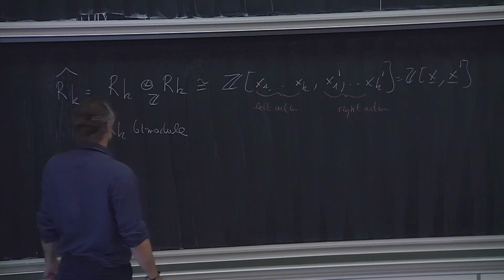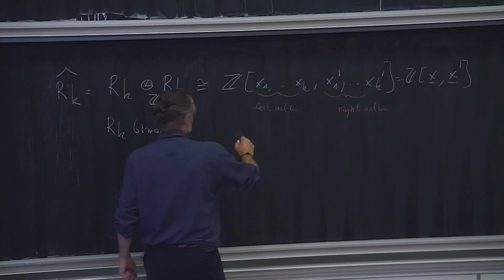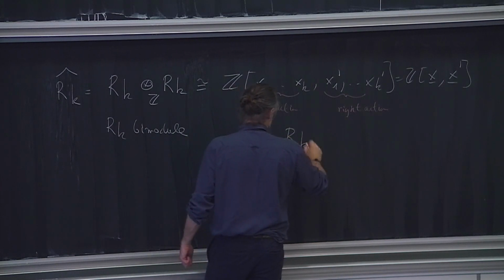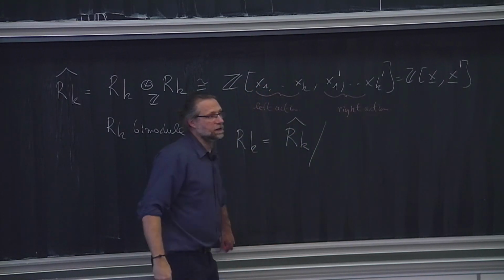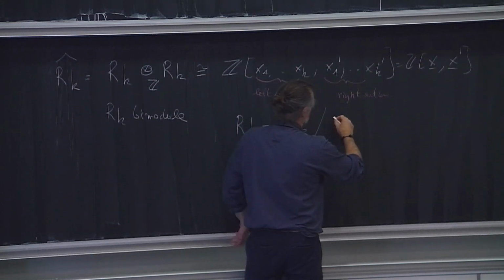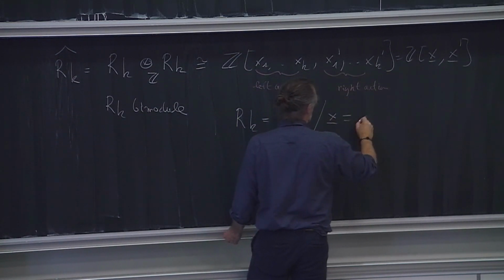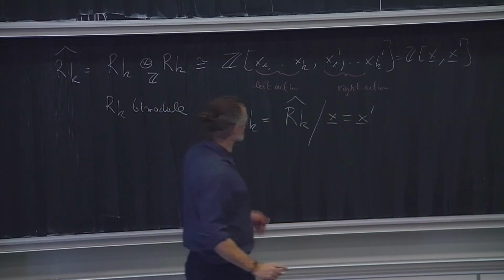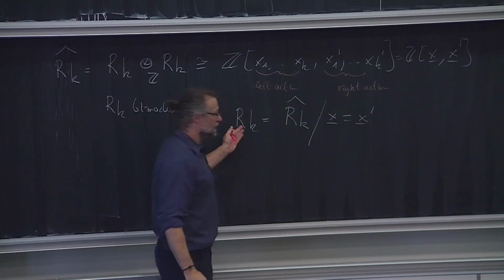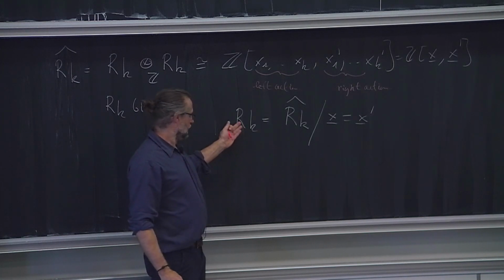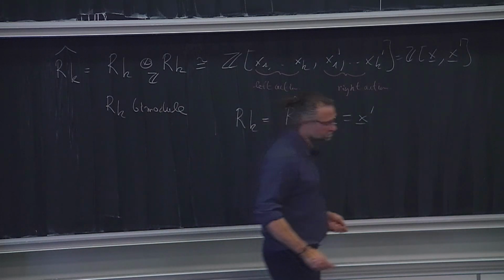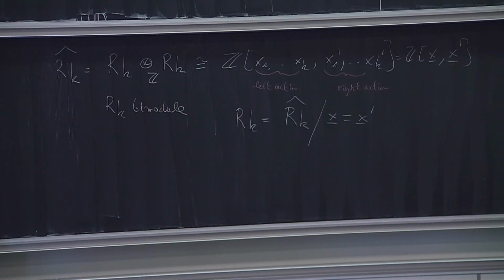And let's make stupid comments like R_k is R_k hat modded out by identifying the left action with the right action. This is also R_k. Of course, R_k is an R_k bimodule, free of rank 1 generated by 1. Very good.